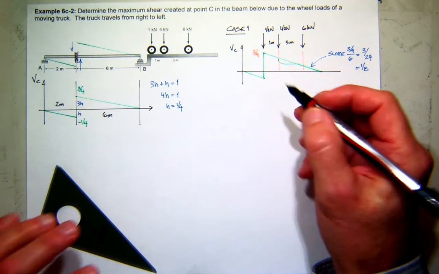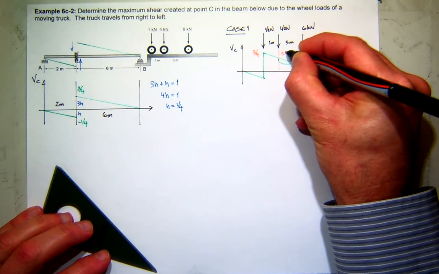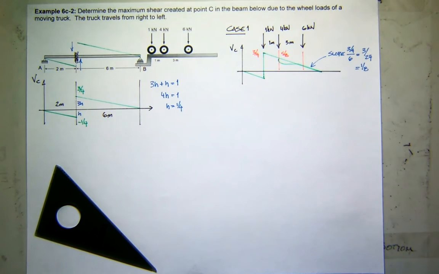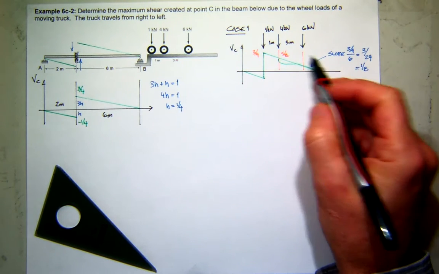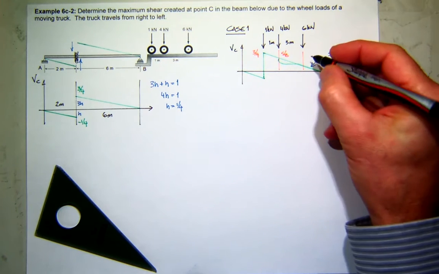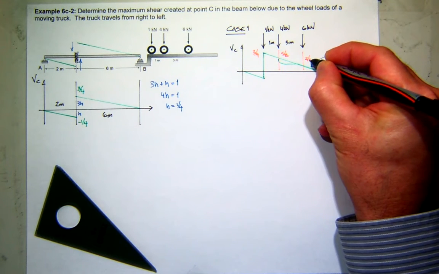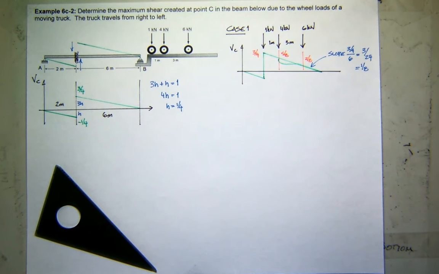6/8 minus an eighth is 5/8. And then I move 3 more meters, I should drop 3/8. So 5/8 minus 3/8 is 2/8. And now all I have to do is add them up.